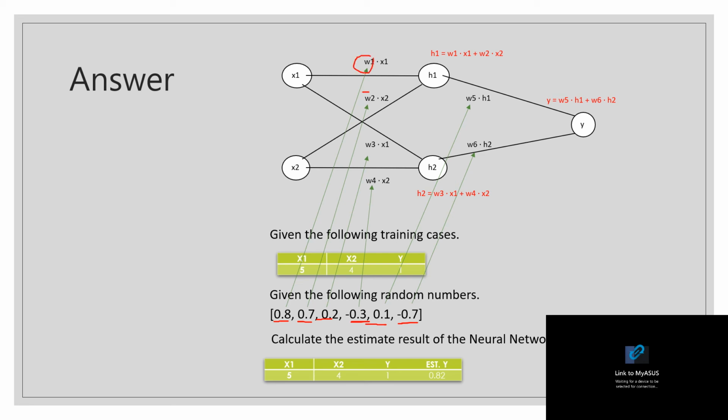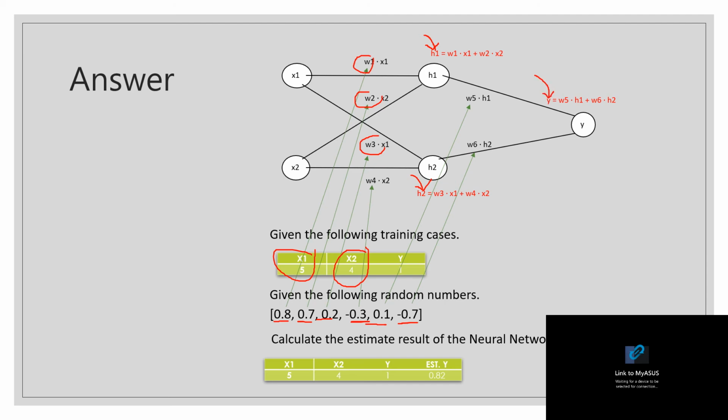We assign a random number to W1, to W2, to W3, 4, 5, 6, etc. Then we combine x1 and x2 with these weights, so we get the estimated output y.